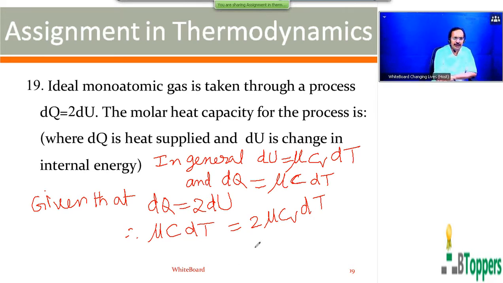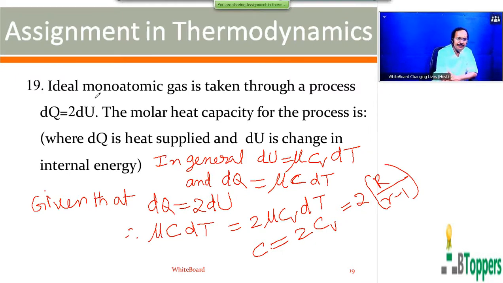The number of moles of the gas gets cancelled, and dT also gets cancelled. So you get the molar specific heat in the process equal to 2 times the molar specific heat at constant volume. And you know that the molar specific heat at constant volume is given by CV equal to R by gamma minus 1.